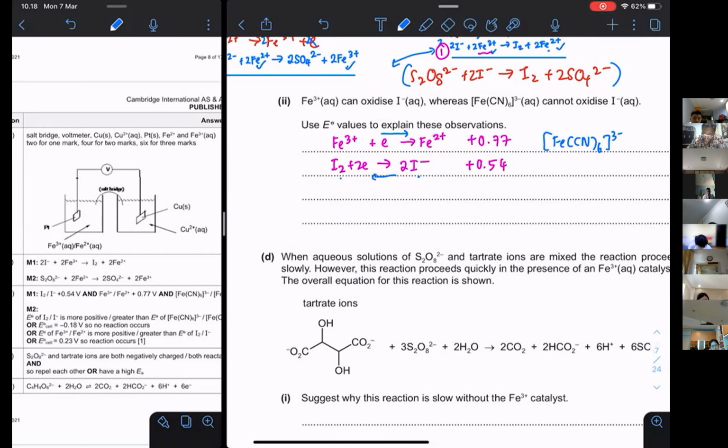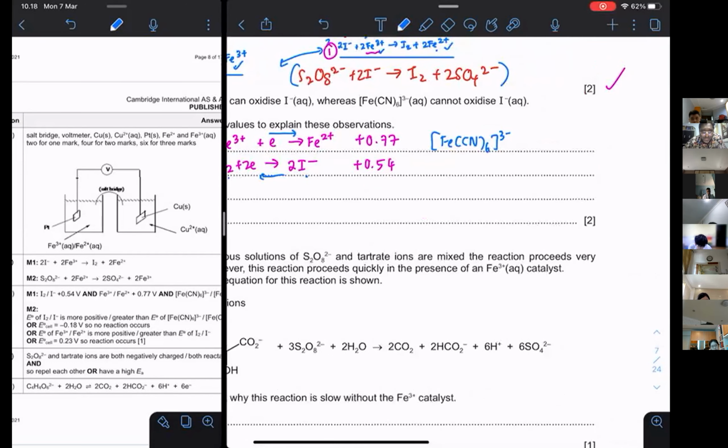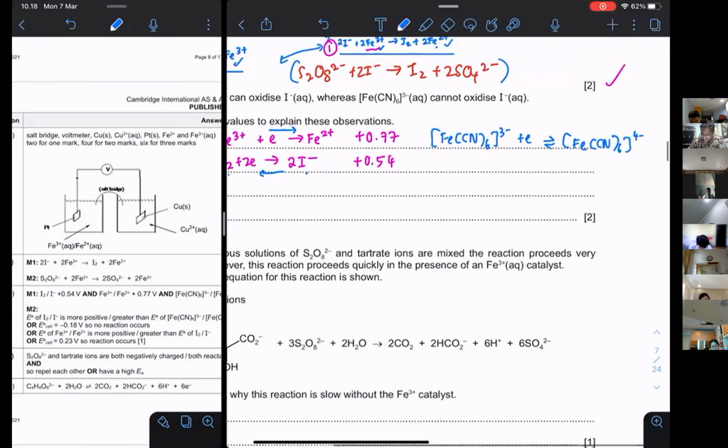I have Fe(CN)6 3- plus an electron to give me Fe(CN)6 4-, 0.36. All this data you can get from your data booklet, so I'm not showing it here. So I get this value.